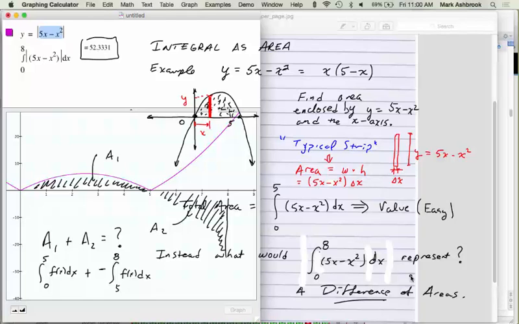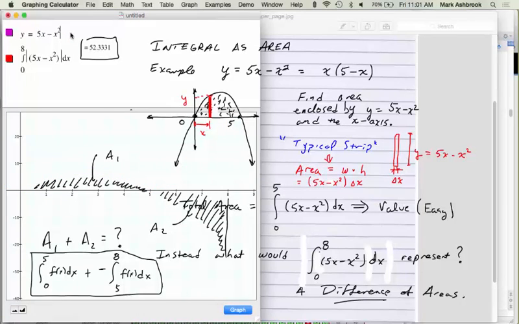Are you talking about the sum of the areas? The sum of the areas is this expression right here. Yep, it's the same. The second half is reflected above the x-axis.